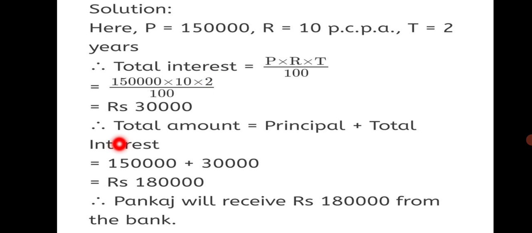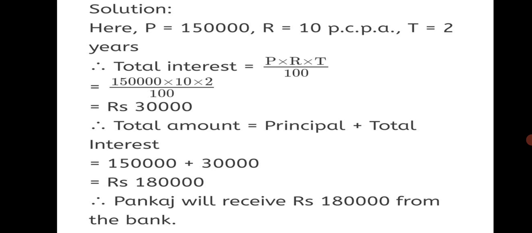So write the formula: total amount is equal to principal plus total interest. Our principal is 1,50,000 plus interest we found out 30,000. That gives us 1,80,000 as our total amount. Therefore, Pankaj will receive rupees 1,80,000 from the bank.